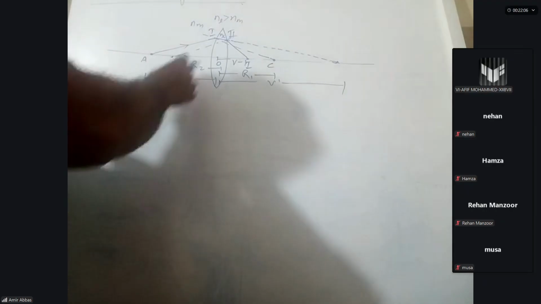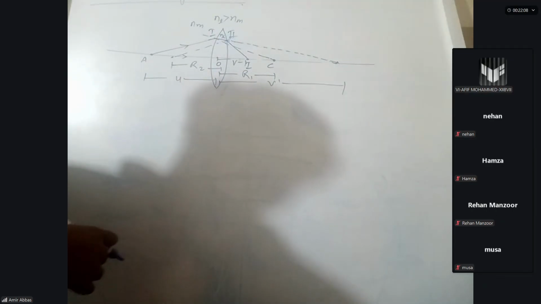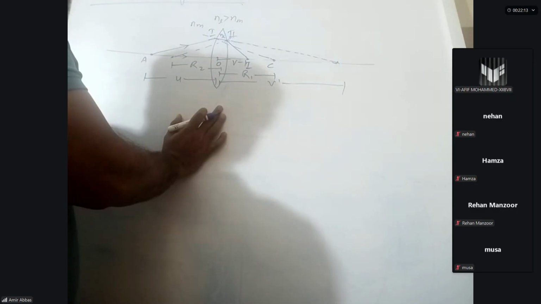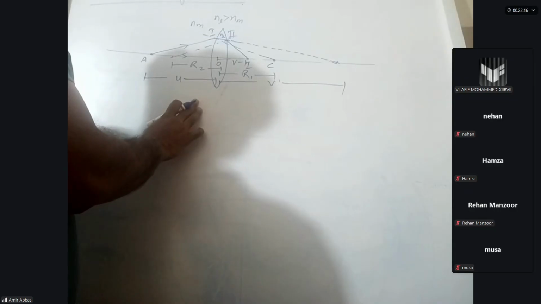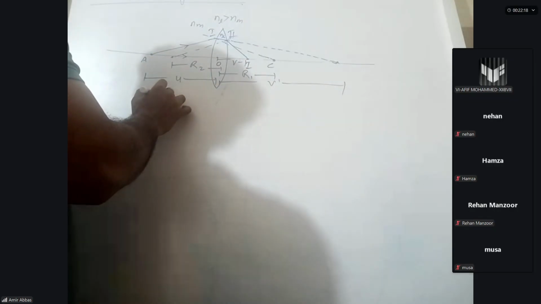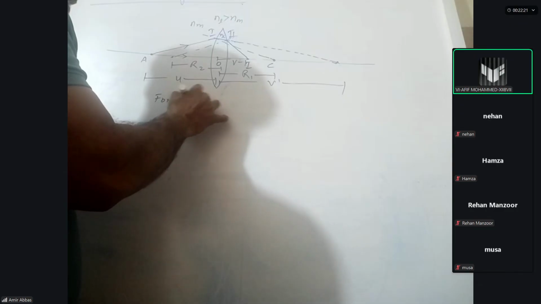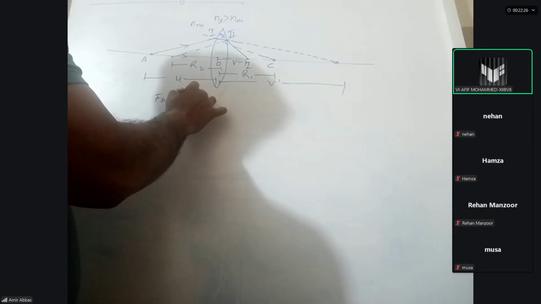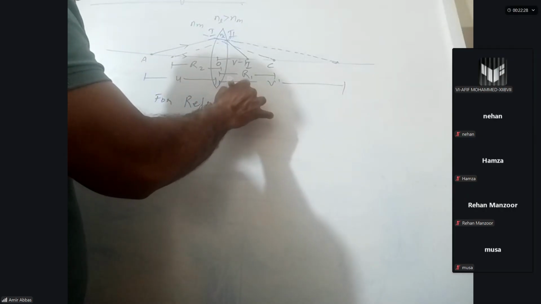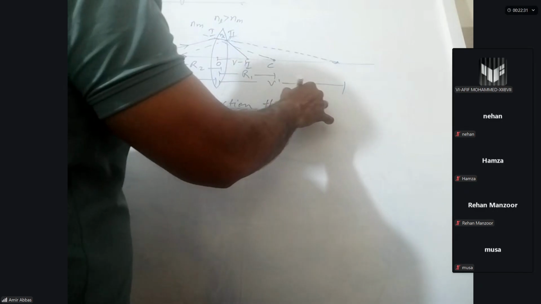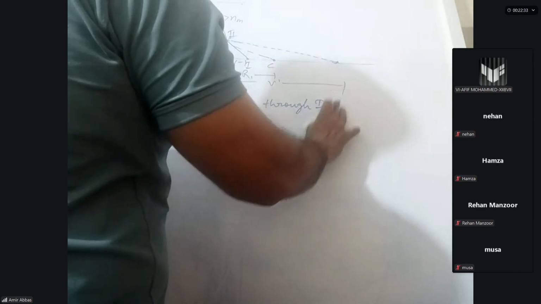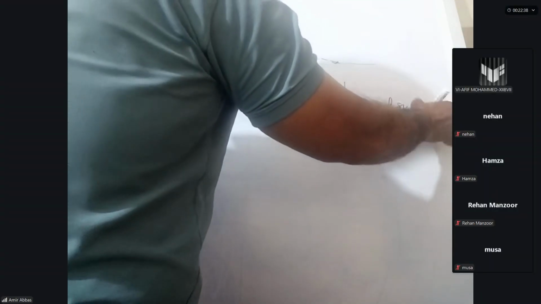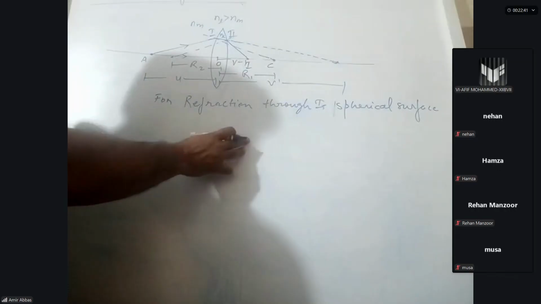So for the first refracting surface, what kind of refraction is happening in the first case? Refraction through the first spherical surface.